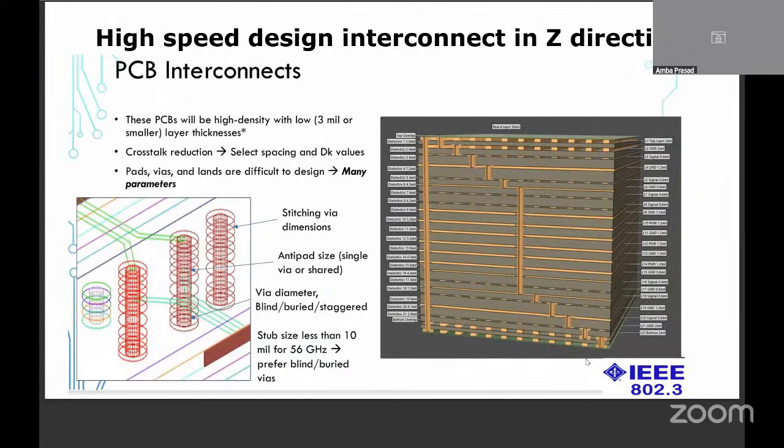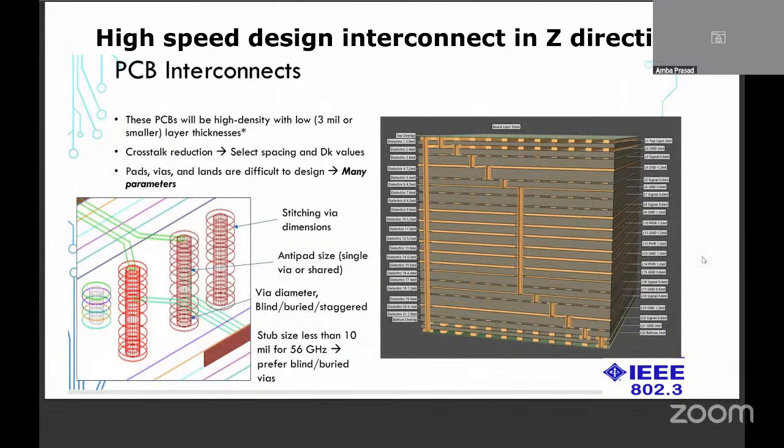Yeah, this is just a PCB interconnect. We have shown a hypothetical 20-layer PCB stack up, and we can see the via in the vertical direction will become like a stub.